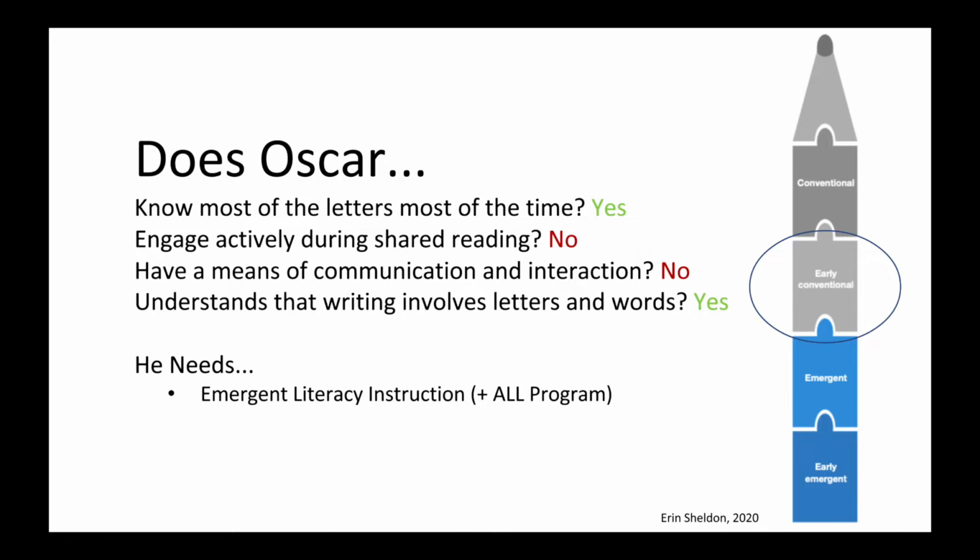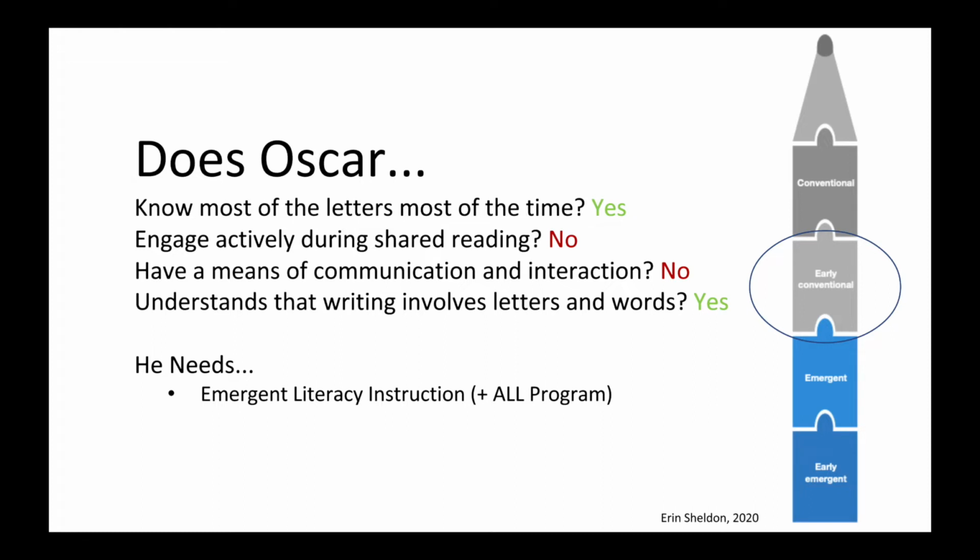So what Oscar needs is a lot of emergent literacy instruction still. He needs a lot of support to grow his language and vocabulary, develop his interest in books, but he knows about letters so far, so he is appropriate for the ALL program.